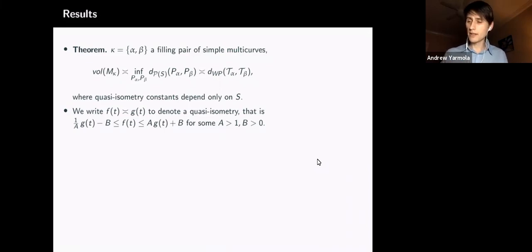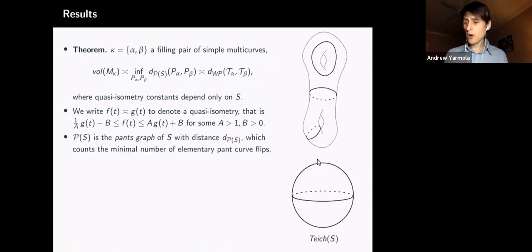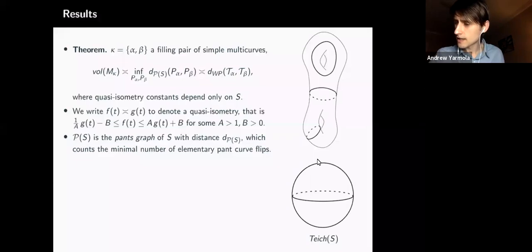Now let's talk about the Pants graph first. If you recall, the Pants graph is the collection of all Pants decompositions, where an edge corresponds to an elementary flip. So here's a Pants decomposition on the right here, and an elementary flip is saying take one of these curves, so let's say this one right here, and consider a curve that intersects it exactly once.